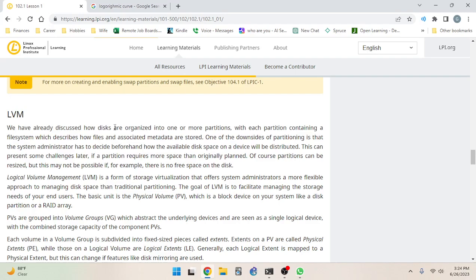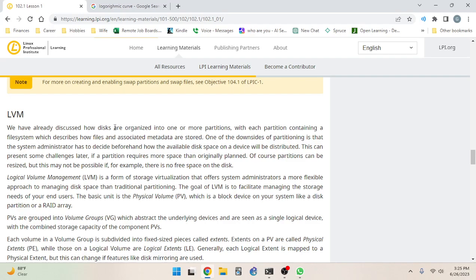So, LVM. We have already discussed how disks are organized into one or more partitions, with each partition containing a file system, which describes how files and associated metadata are stored. One of the downsides of partitioning is that the system administrator has to decide beforehand how the available disk space on a device will be distributed.